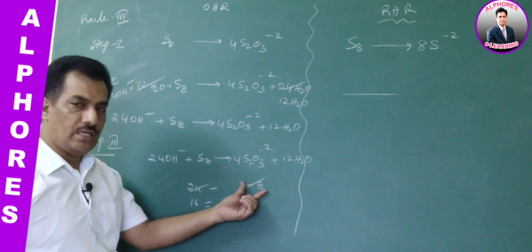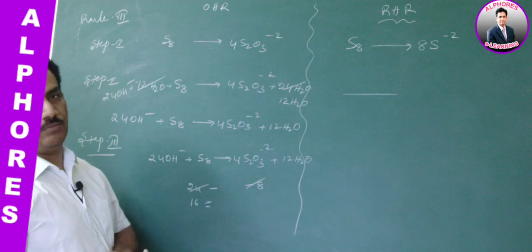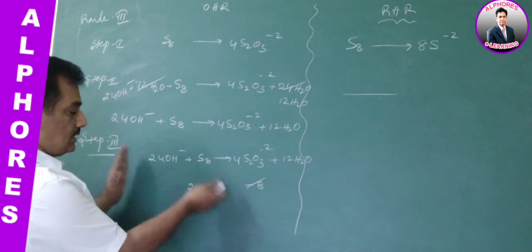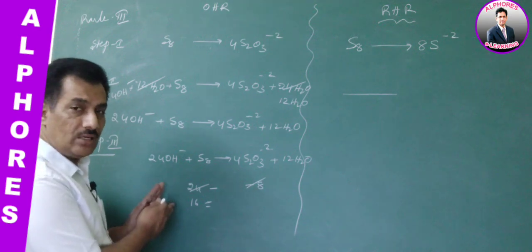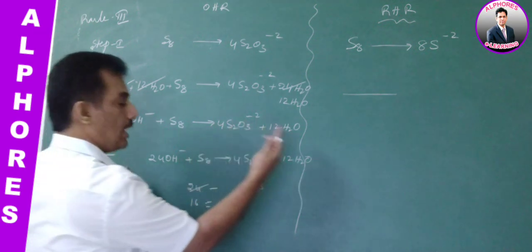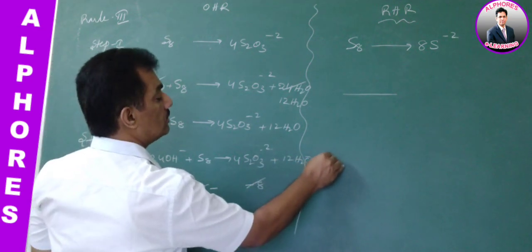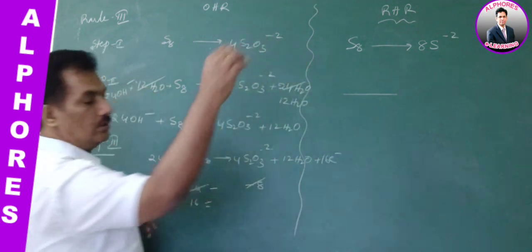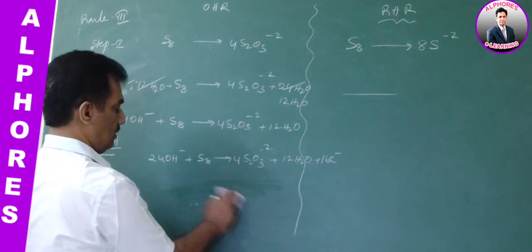So when minus 8 is cancelled from minus 24, the remaining is 16. And when the net result 16 is present on the left side, where to add the electrons? On the right side. How many electrons? 16 electrons. Now the charge is balanced for this half reaction.